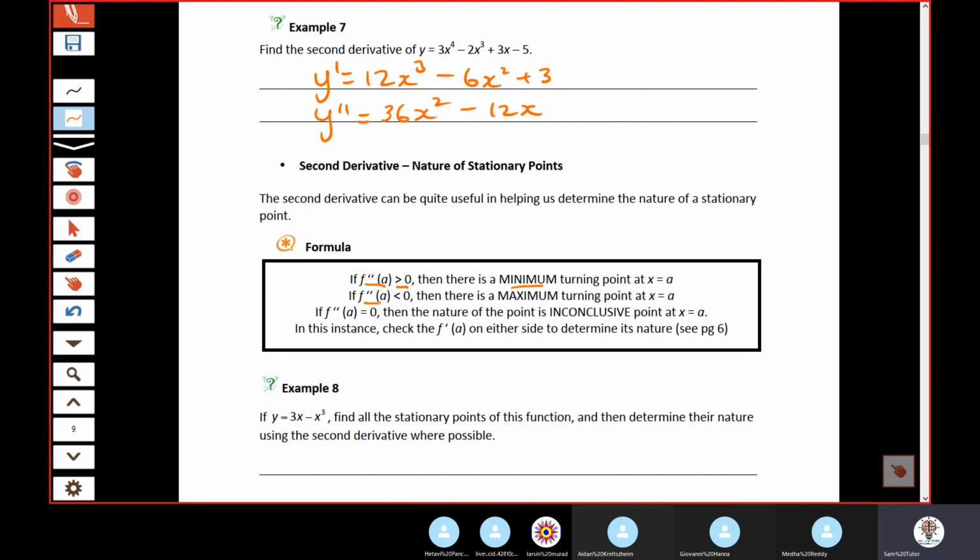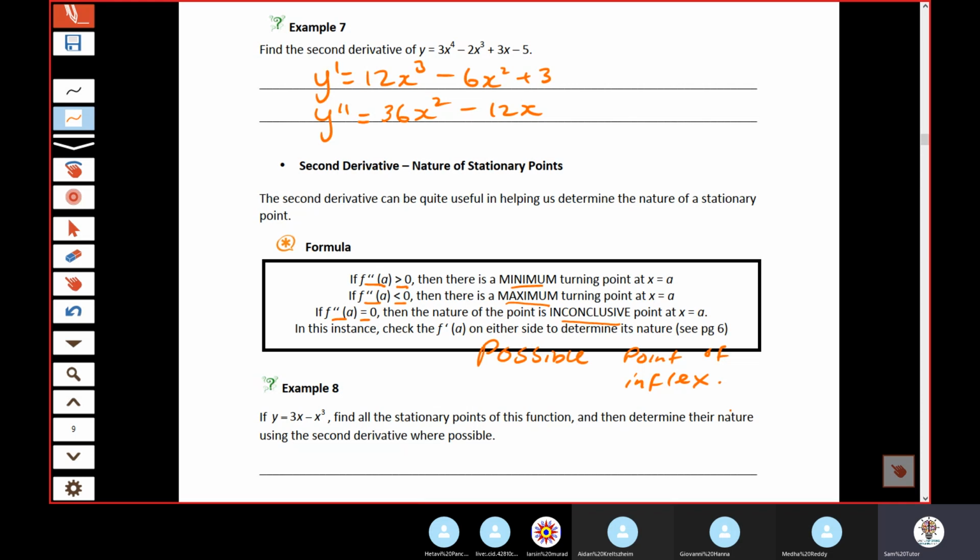If y double dash is less than 0, it is a maximum. If y double dash equals 0, when you're trying to do nature, it is inconclusive. And we're just going to say it's a possible point of inflection. Point of inflection. Those are the words we use at that stage of nature.